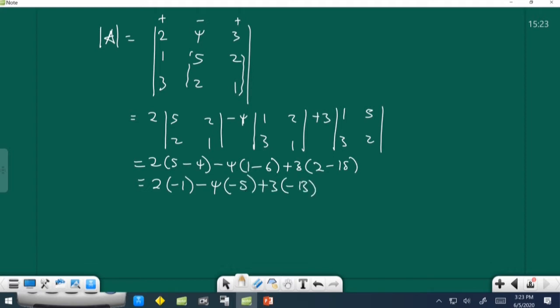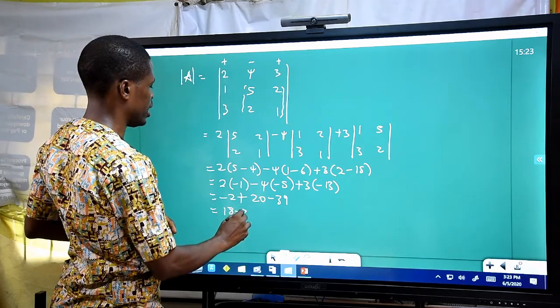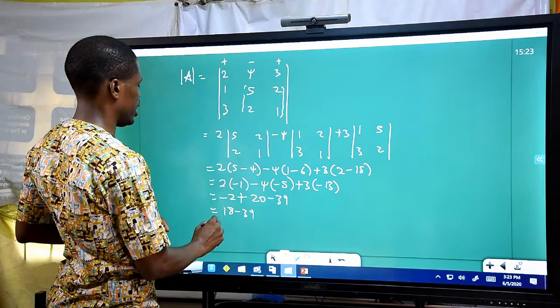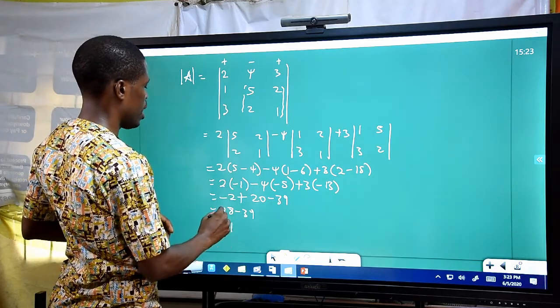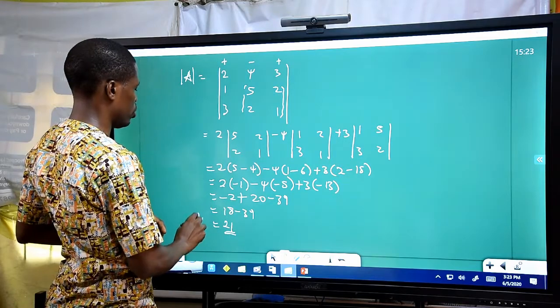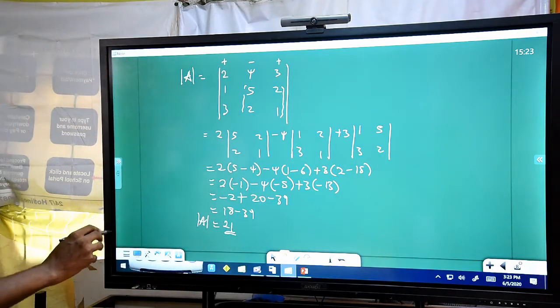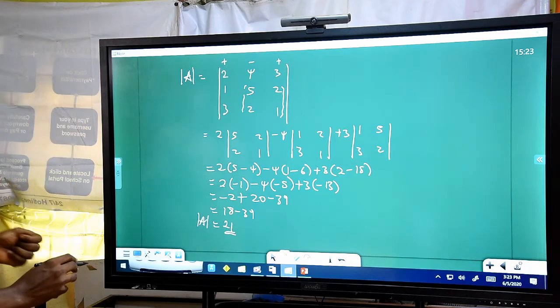So we have minus 2 plus 20 and minus 39. Minus 2 plus 20 is 18, and 18 minus 39 is minus 21. So here the modulus or the determinant of A is 21.